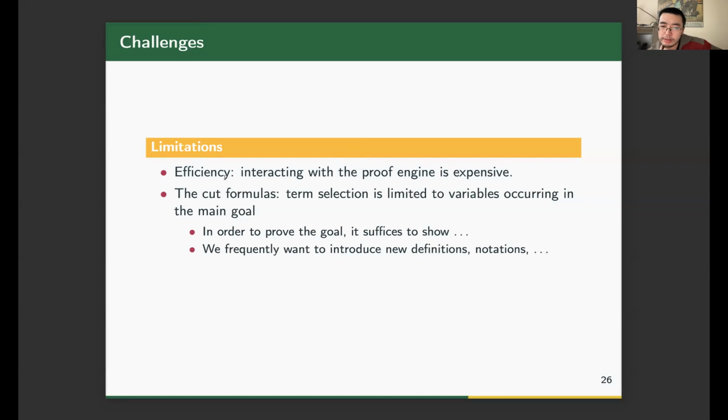The problem is that when we train the agent, we have to interact with the real proof engine, and the real proof engine usually takes time to perform proof steps. Some tactics may time out. You have to wait for the proof engine to finish. So the training is really expensive.